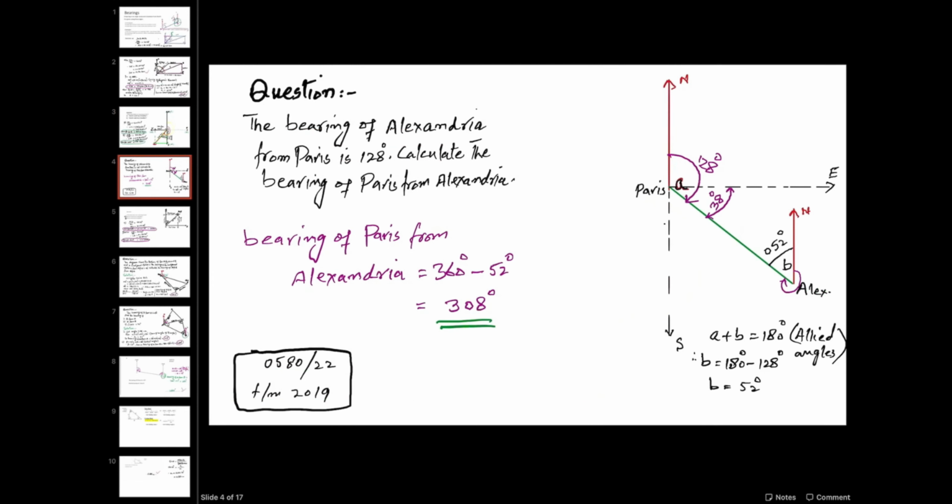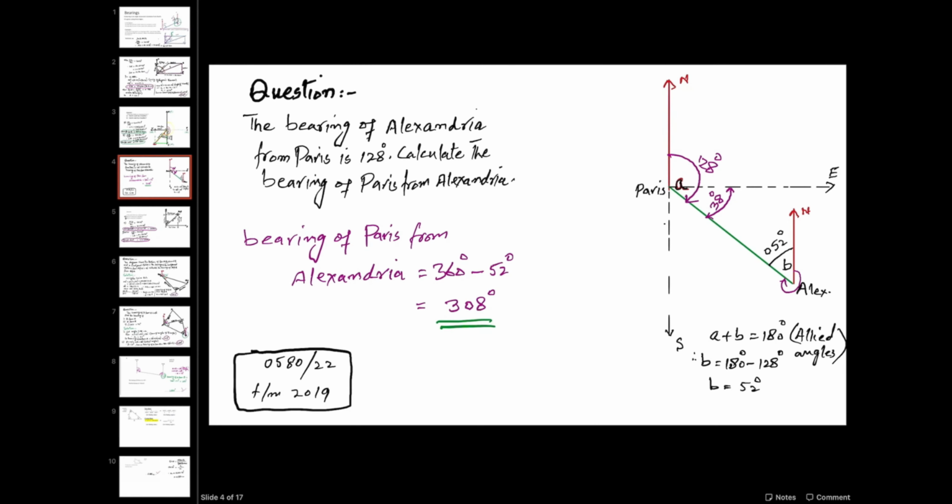Now move to the next question. The question is, the bearing of Alexandria from Paris is 128 degrees. Calculate the bearing of Paris from Alexandria. Now the solution is shown.